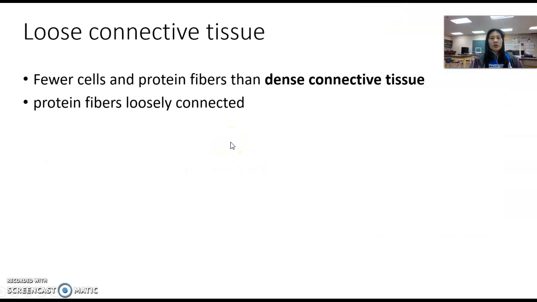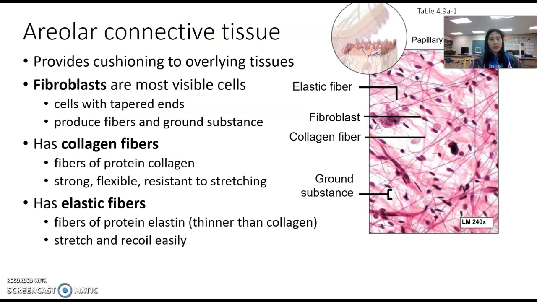And next one, we call it irregular connective tissue. Here it is found in this visible cells in our body. There are three kinds: fibroblast, it has collagen fibers and it has elastic fibers.